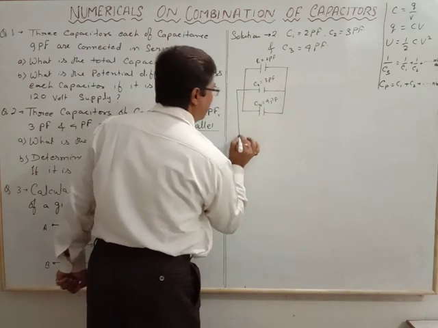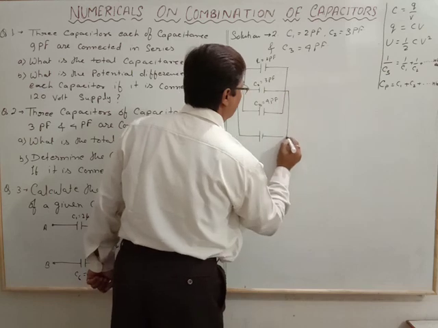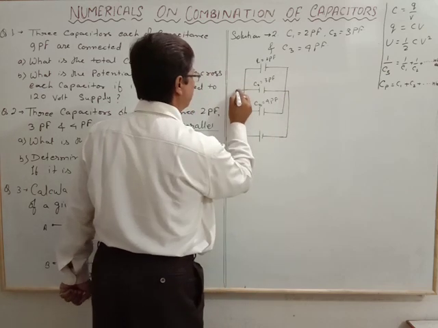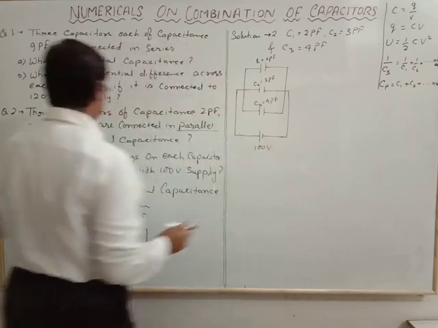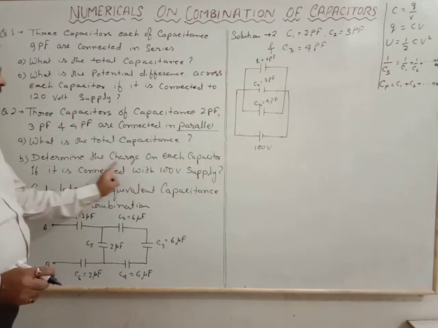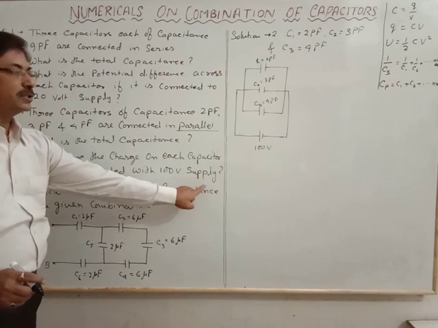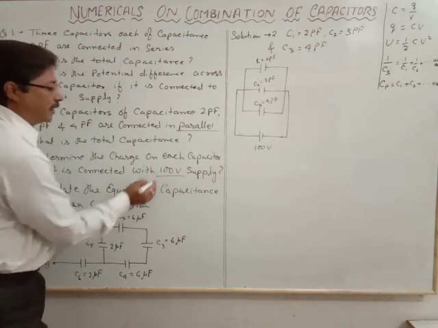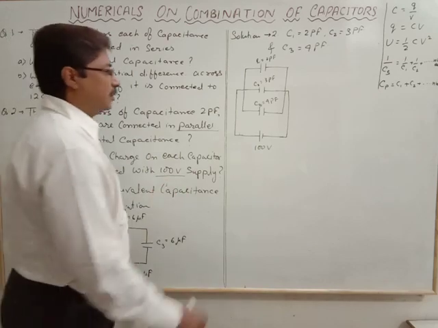It is connected with a potential of 100 volt. That is given here. Determine the charge on each capacitor if it is connected with the 100 volt supply. The potential difference given here is 100 volt.